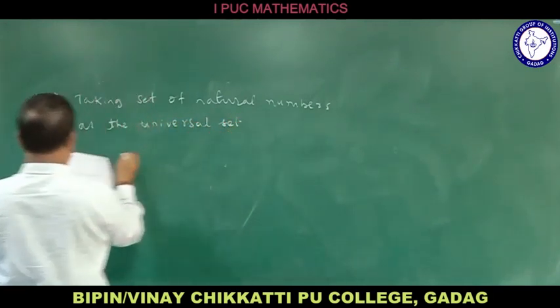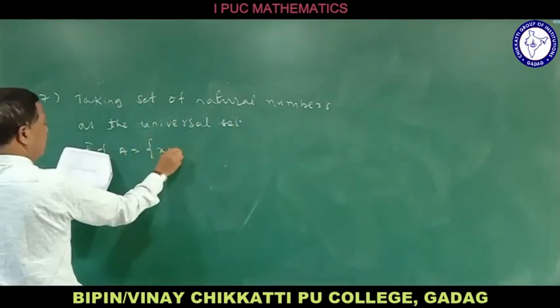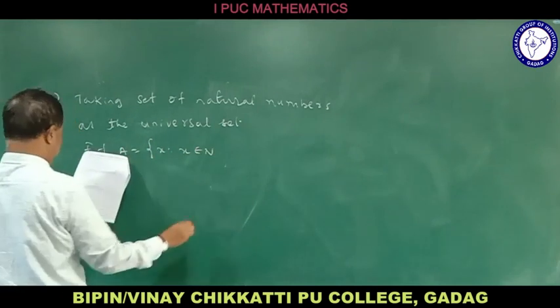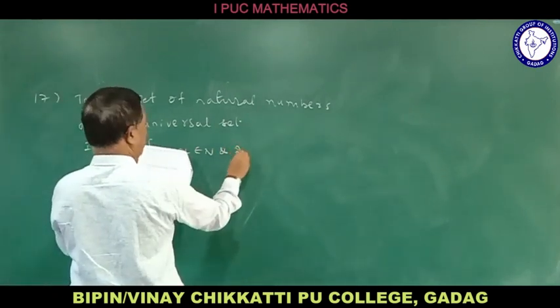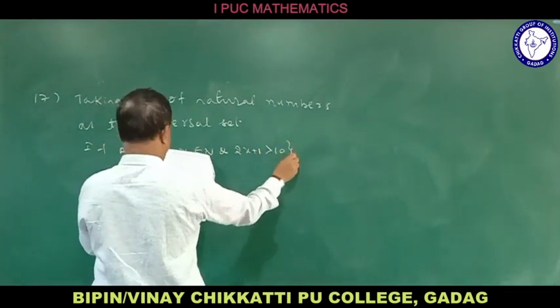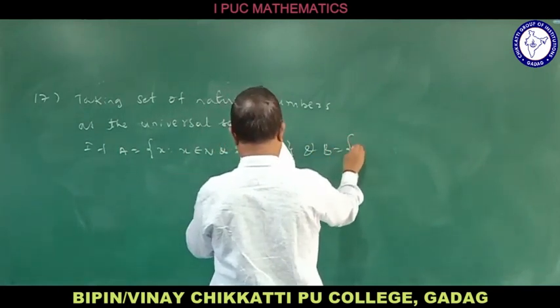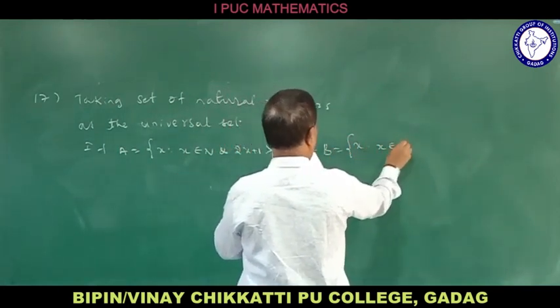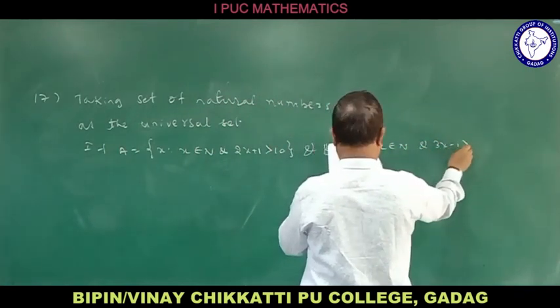And here you see that if A is equal to the set of x such that x belongs to N and 2x plus 1 is greater than 10, and another one is B, the set of x such that x belongs to N and 3x minus 1 is greater than 8.